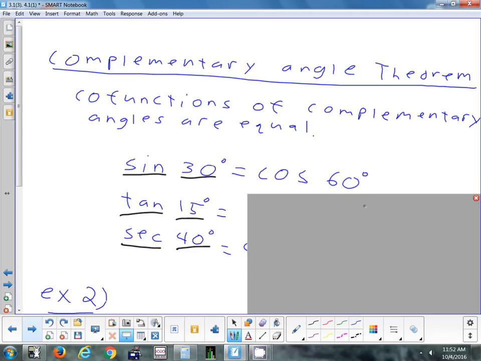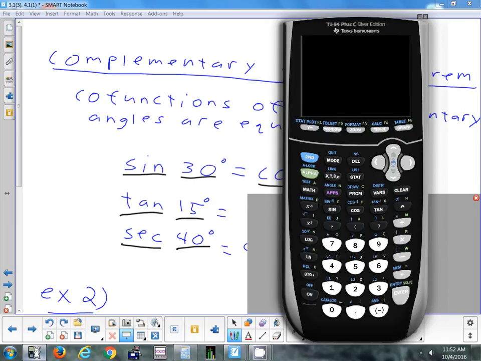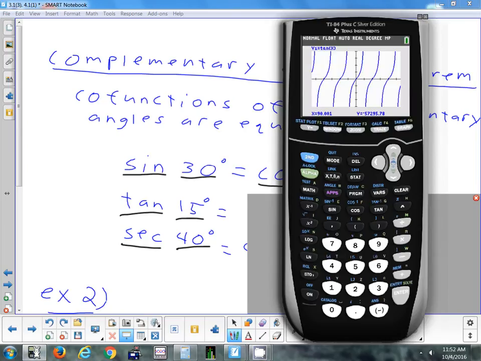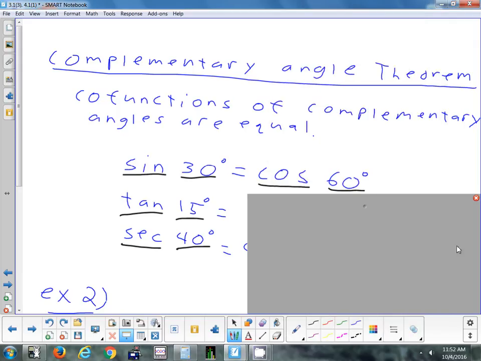So what that means is if you've got cofunctions and angles that are complementary, they will come out exactly the same. And you could double check it. If you type in sine 30, type in cosine 60, you get the same thing. Okay, how about the next one?